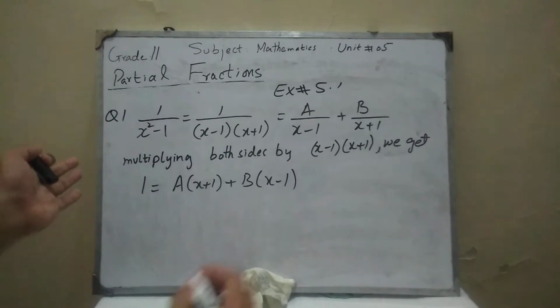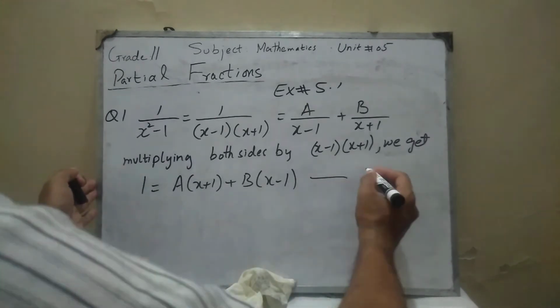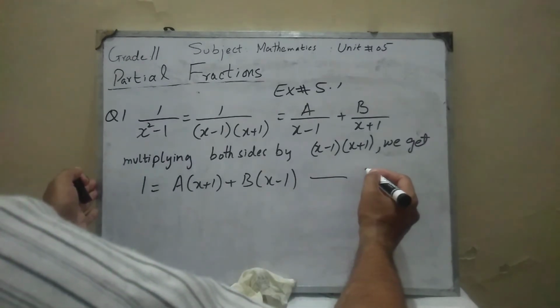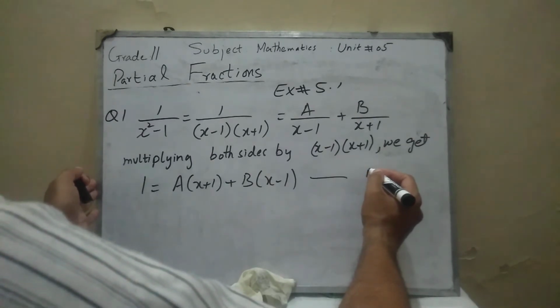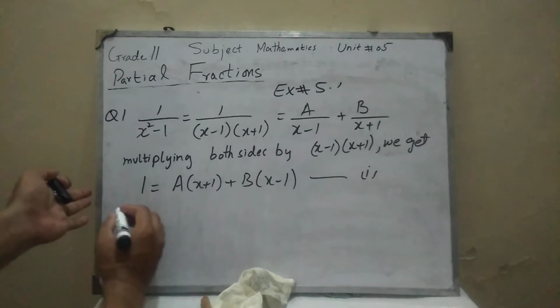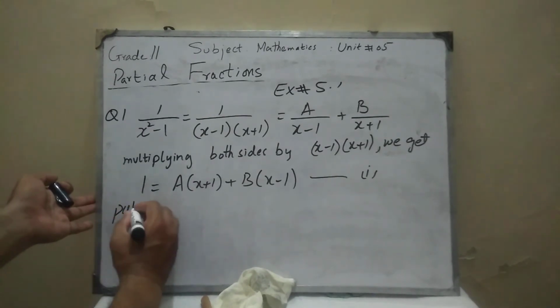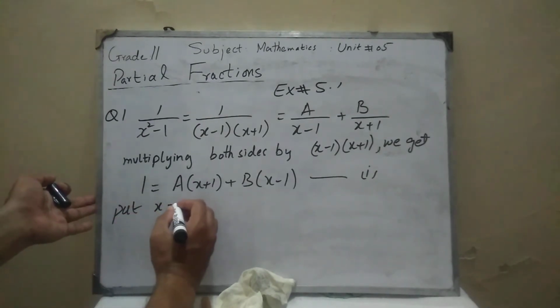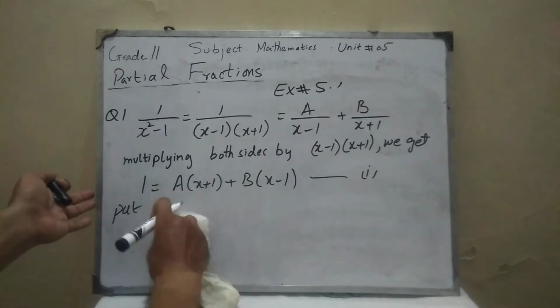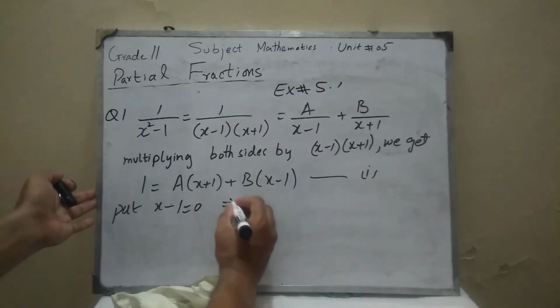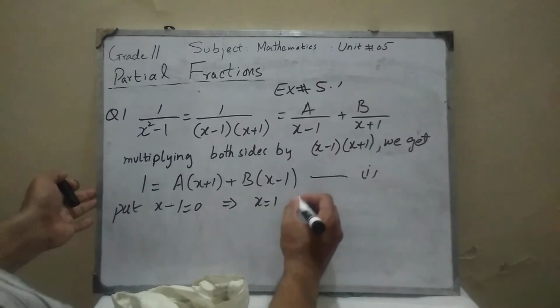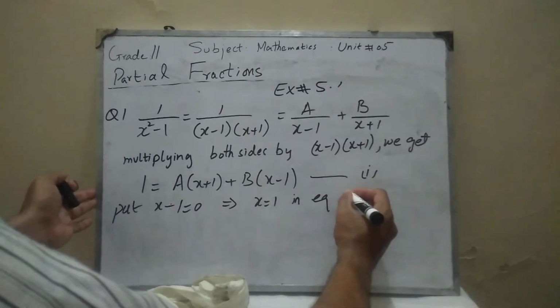Let's suppose this is our equation number 1. Now put x minus 1 equal to 0, this implies x equal to 1 in equation 1.